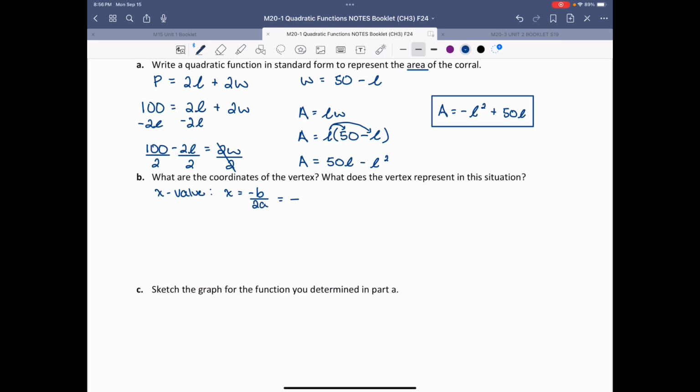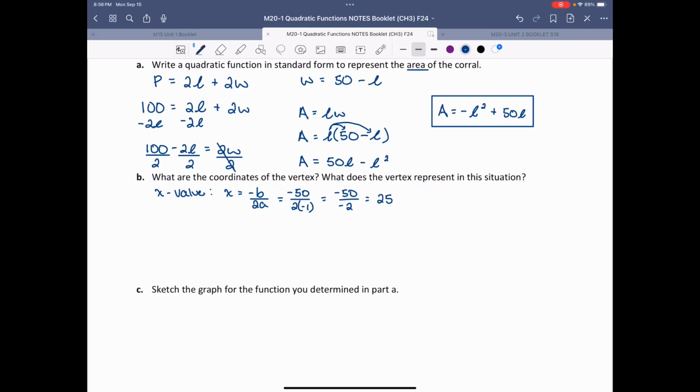So in this case, b is 50, so negative 50. A is negative 1 because it's a negative L squared. So 2 times negative 1 on the bottom, which is negative 50 divided by negative 2, which is 25.